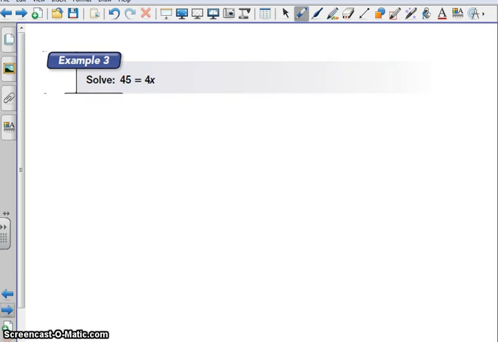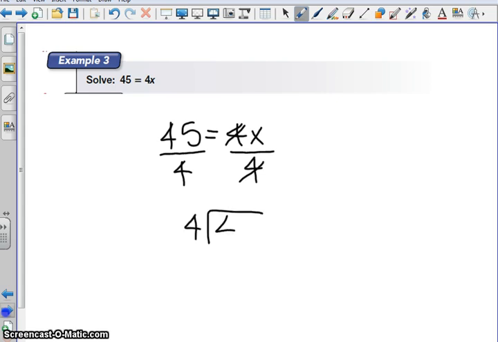Finally, in example 3, we have 45 equals 4x. Our variable is x, so we need to isolate the variable by dividing and getting rid of that 4. And we'll do it from both sides. 4 goes into 45. 4 goes into 4 once.